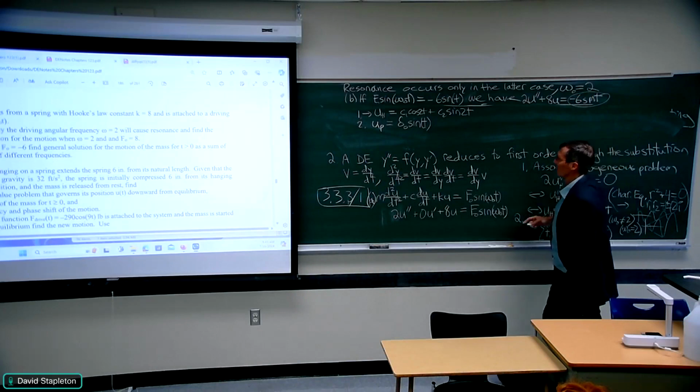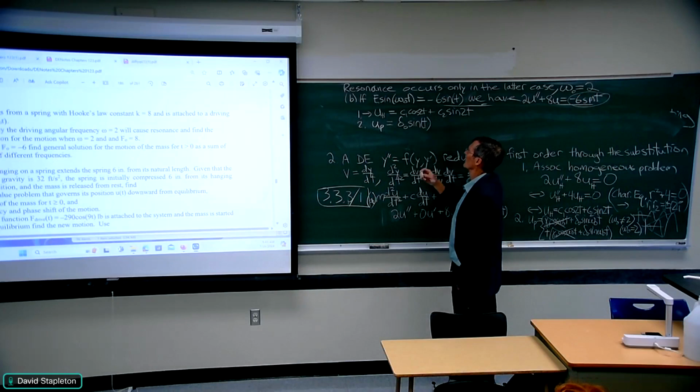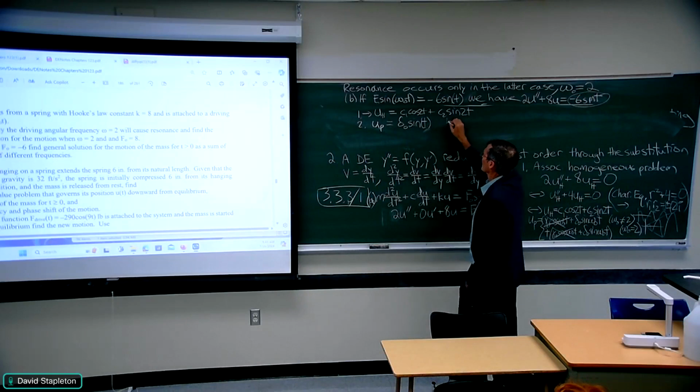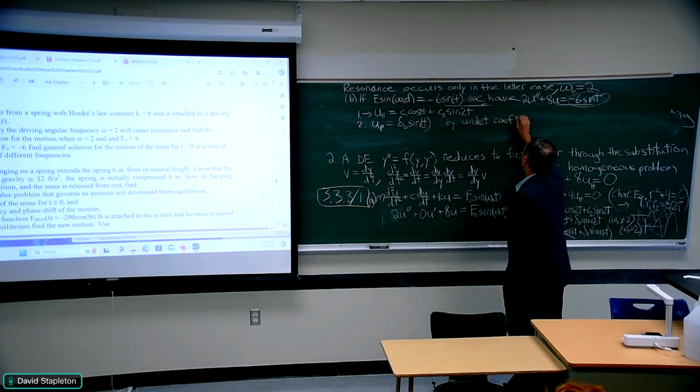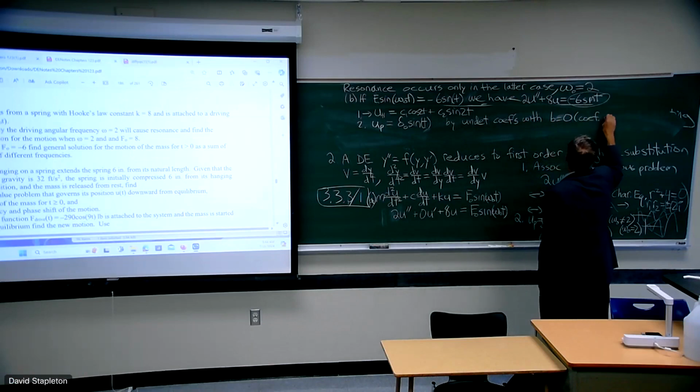And we said in the particular case that the first derivative isn't appearing in the equation, and it isn't here, then we just use the sine because the cosines will follow it anyway. So we'll seek a particular solution of this form by undetermined coefficients. In the special case with b equals 0, the coefficient of u prime is 0.